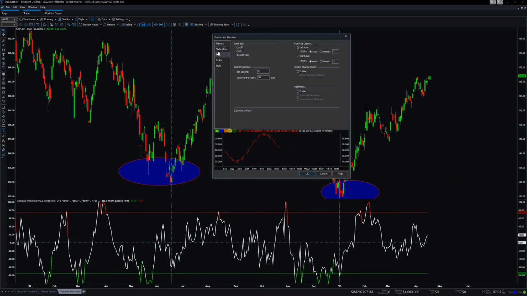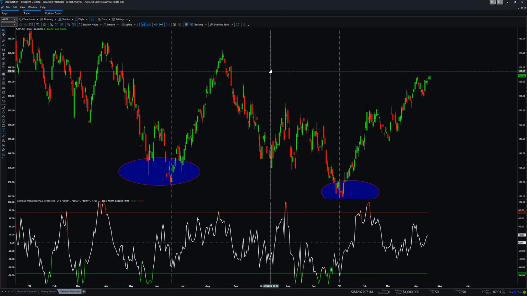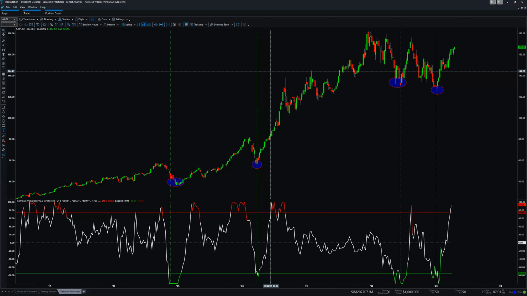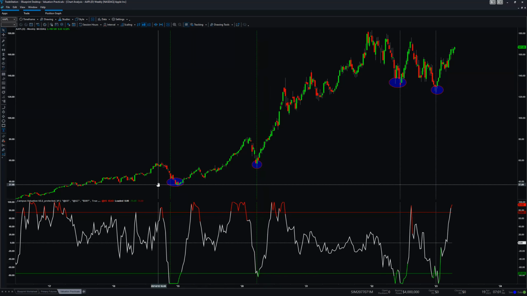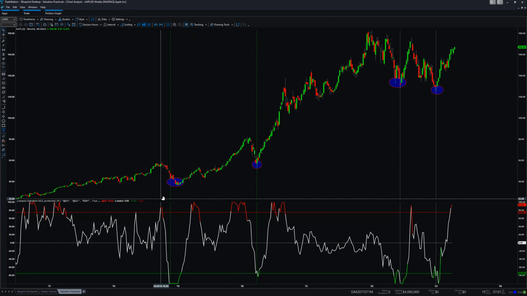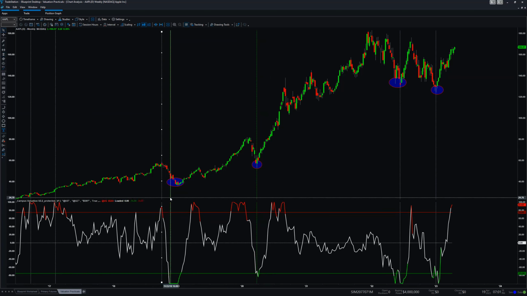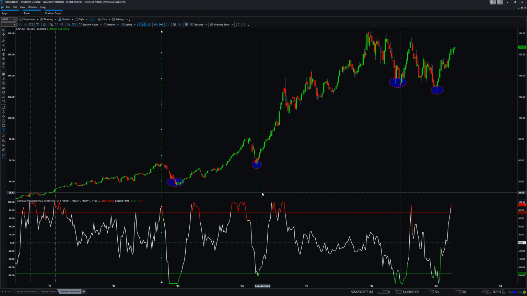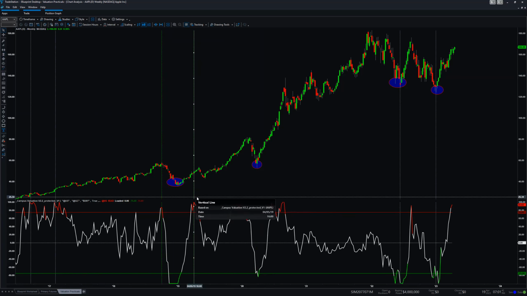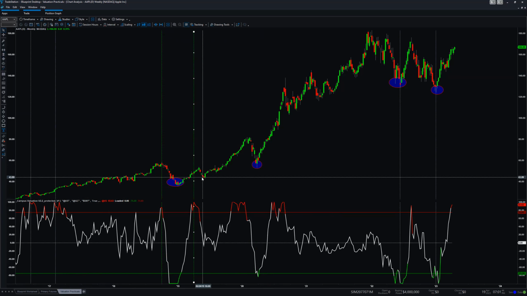And what you could also do now as the next step is go back to the weekly. We could look at the overvalued readings, and we would get here it doesn't work, here it works. Here it maybe works a little bit, but not so much.